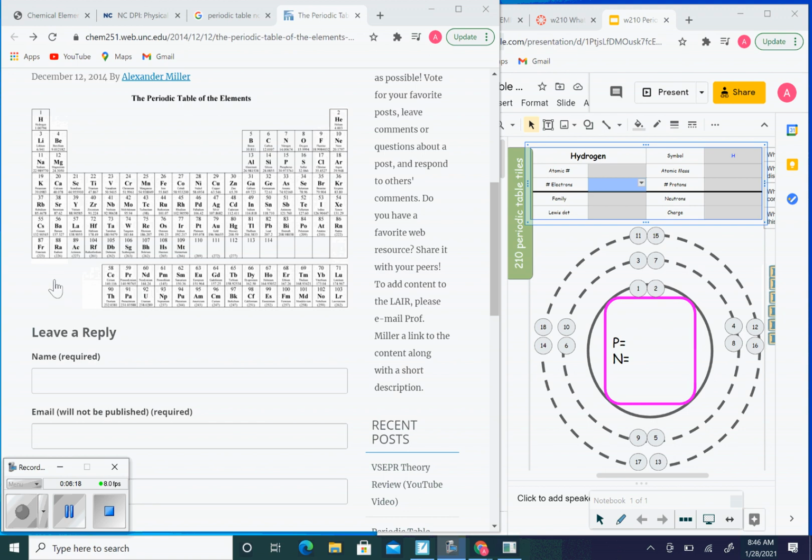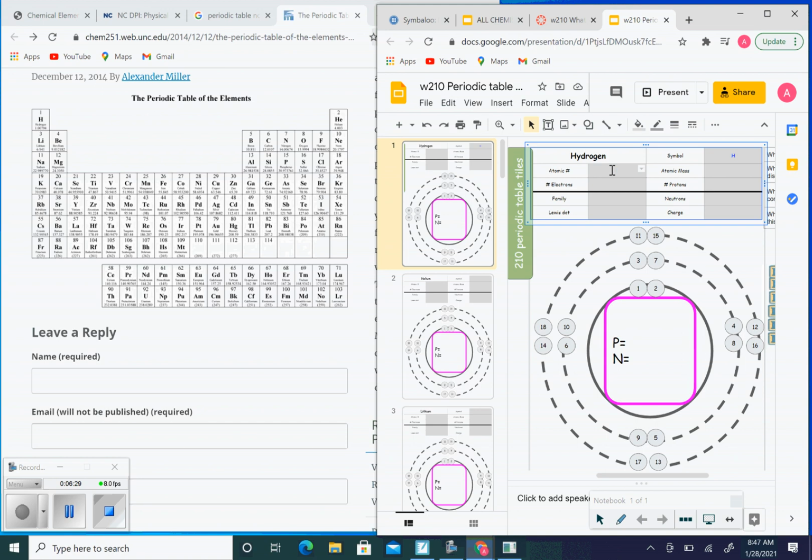Okay, sorry about that. You see this number right here? This number right here is the atomic number. So that number is number 1. Now that number tells you how many electrons and protons there are.